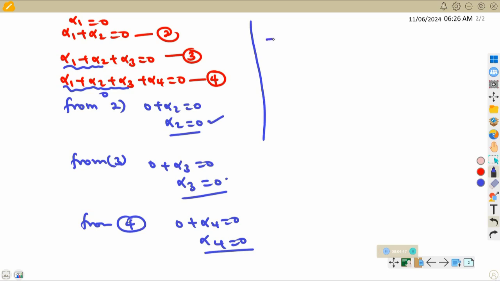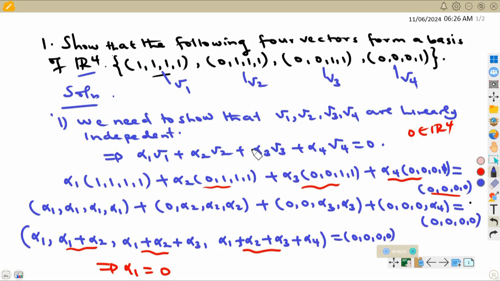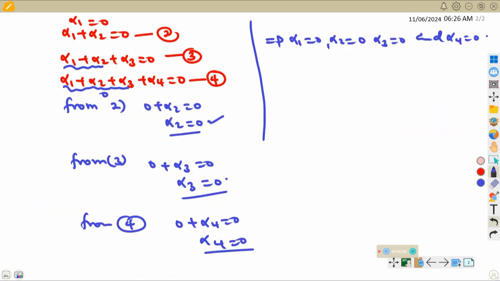So this implies that alpha 1 is equal to 0, alpha 2 is equal to 0, alpha 3 is equal to 0, and alpha 4 is equal to 0. So clearly it means the linear combination of these vectors has only one solution when we equate them to 0, and that solution is that alpha 1, alpha 2, alpha 3, and alpha 4 are all equal to 0.